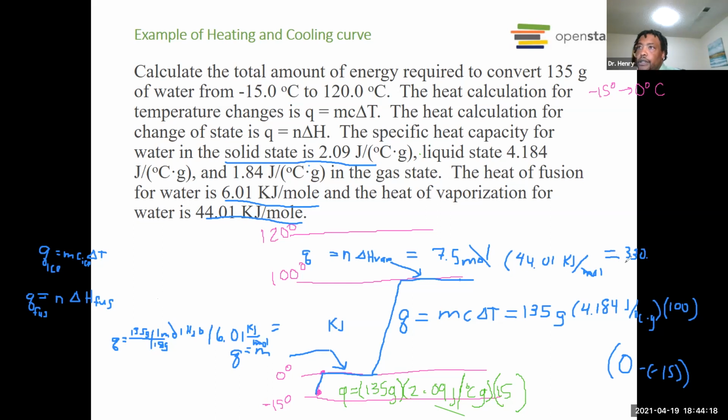So 4 sig figs. So then that'll be kJ per mole. Okay, and then we're going with this vaporization all the way up to the very top.